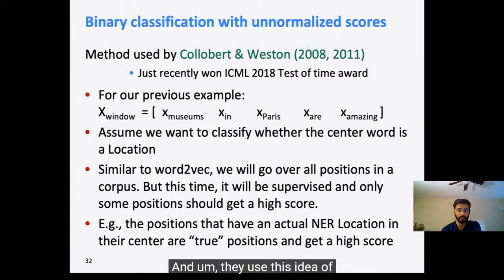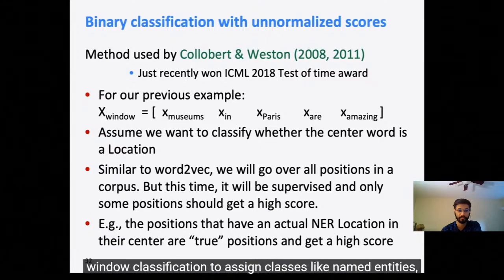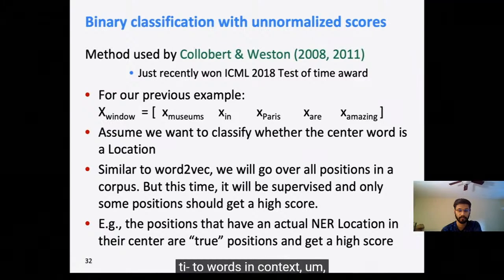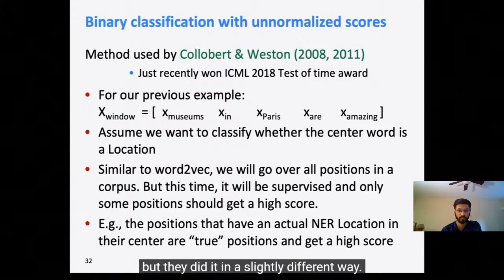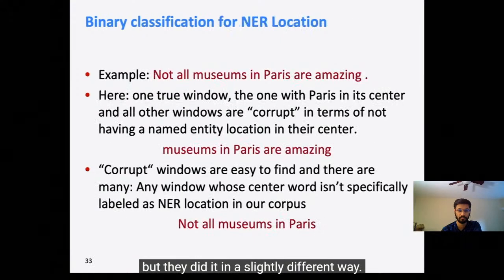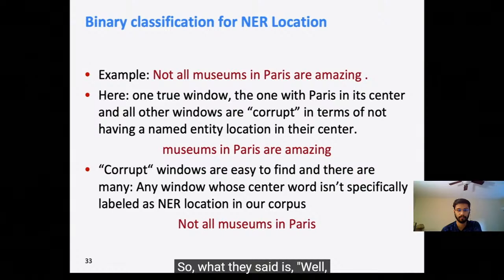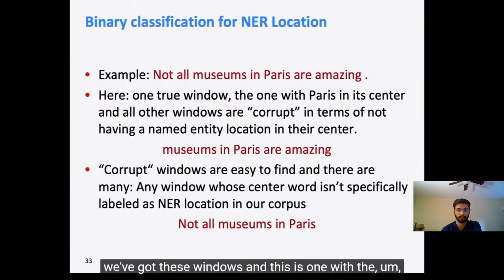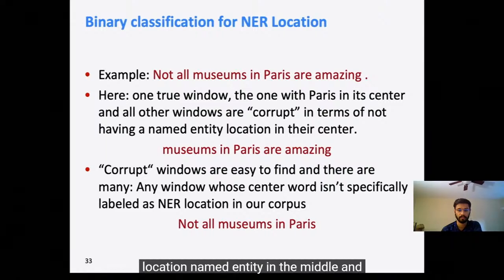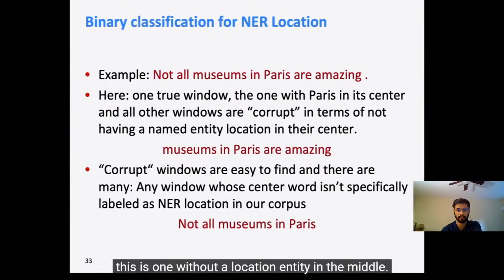And they use this idea of window classification to assign classes like named entities to words in context. But they did it in a slightly different way. So what they said is, well, we've got these windows, and this is one with a location named entity in the middle, and this is one without a location entity in the middle.